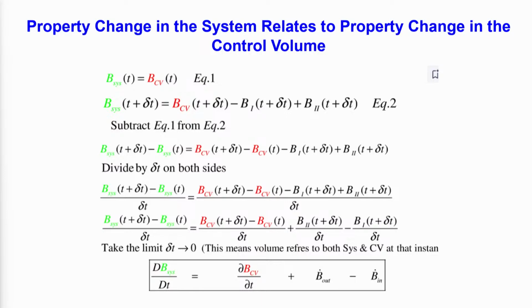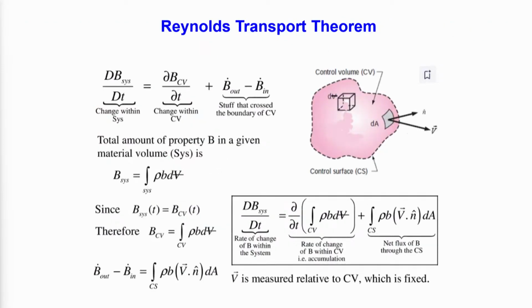On the right hand side, the first term is at a given location, how B changes with time. That is a partial derivative, because the location is fixed. The last two terms are the rate of outflow and the rate of inflow. So, you have the change within the system equal to the change within the control volume plus outflow minus inflow.